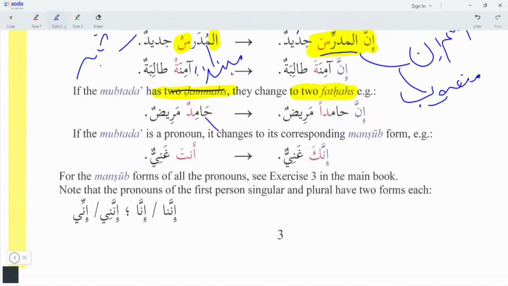Hamid is mubtada. Maridun is khabar. So when we use inna, it will become inna hamidan.